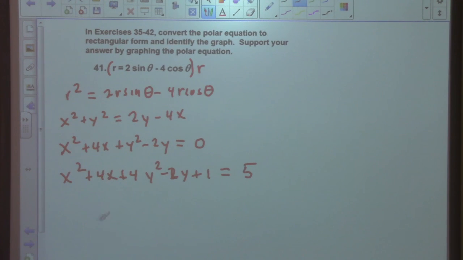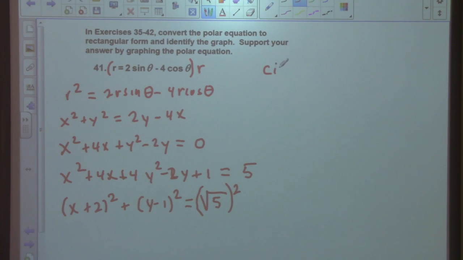And so we have x plus 2 squared plus y minus 1 squared equals square root of 5 squared. Square root of 5 squared, right? And so what is this?